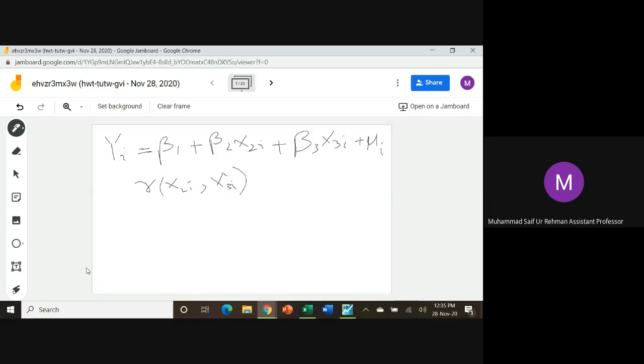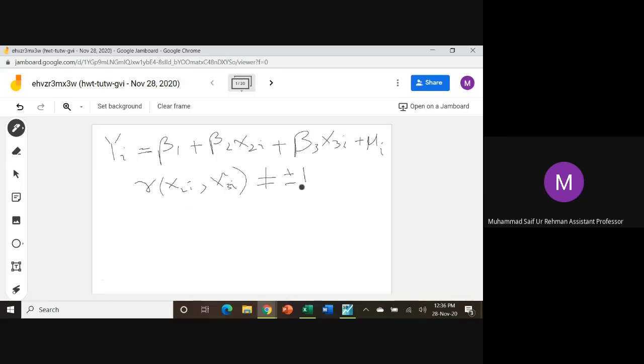These two are independent variables. Okay, so the assumption is there is no perfect multicollinearity, means the correlation coefficient for x2i and x3i will not be exactly equal to 1 or minus 1.